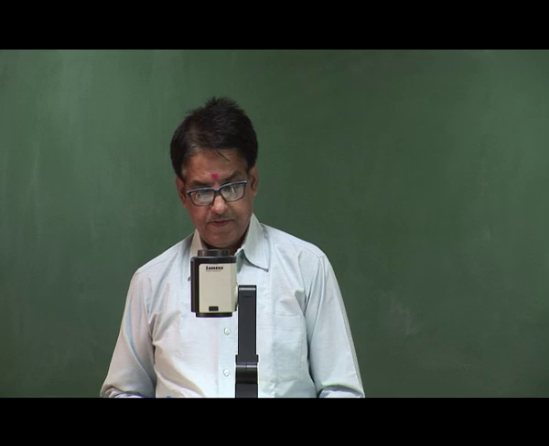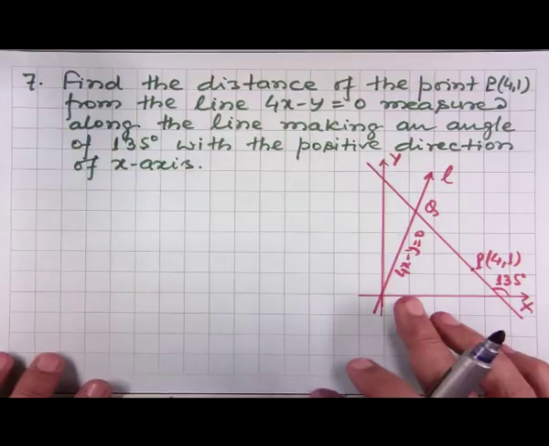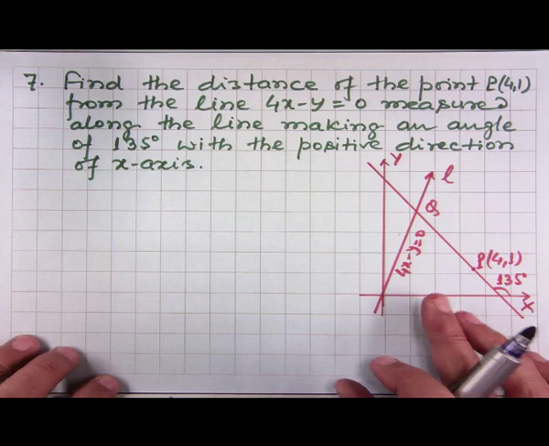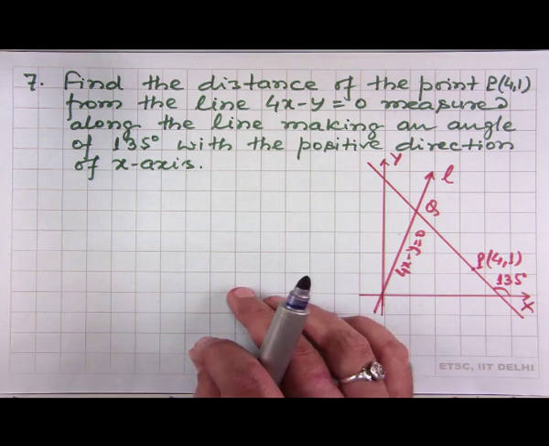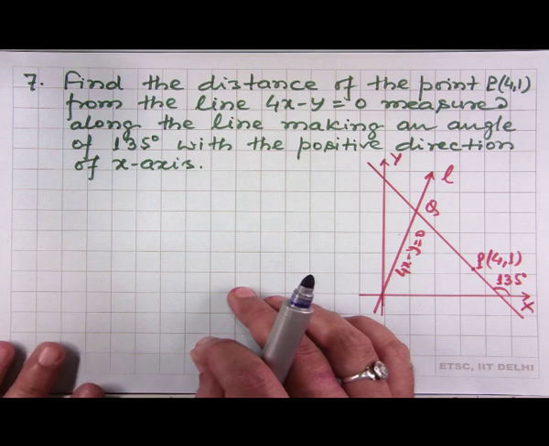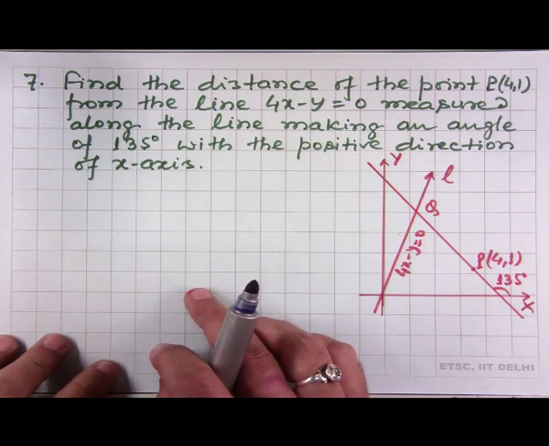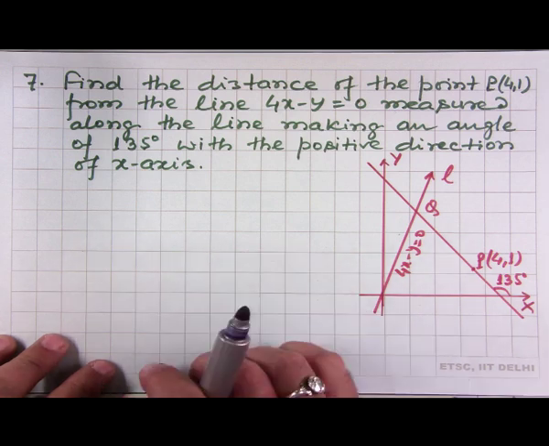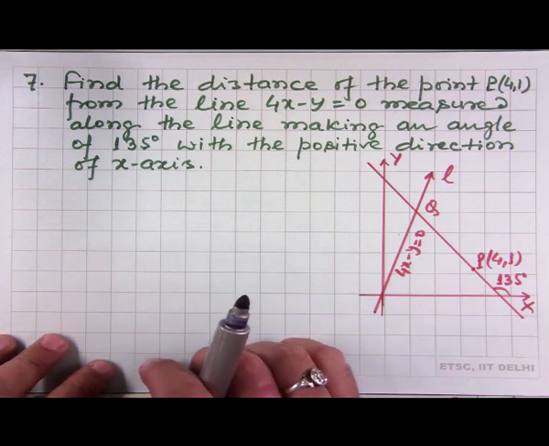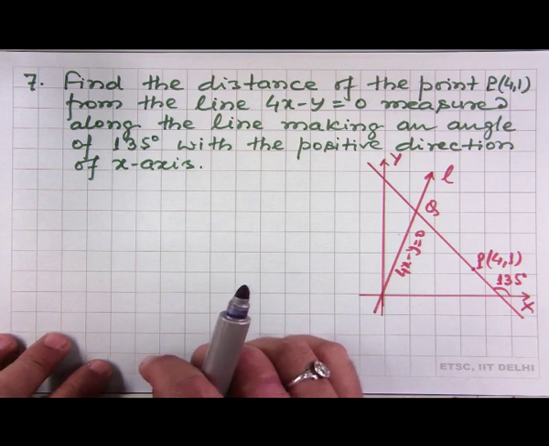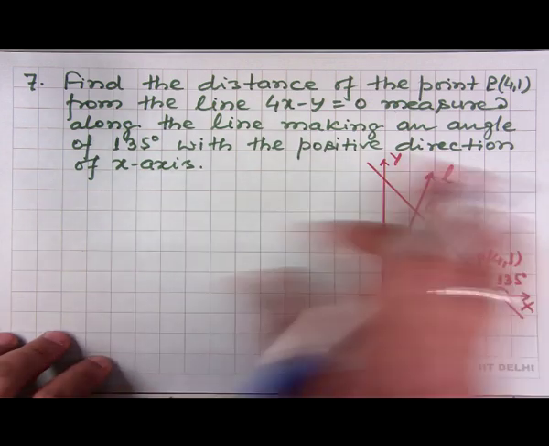Another problem: find the distance of the point P(4, 1) from the line 4x minus y equal to 0, measured along the line making an angle of 135 degrees with the positive direction of x-axis. What is given?